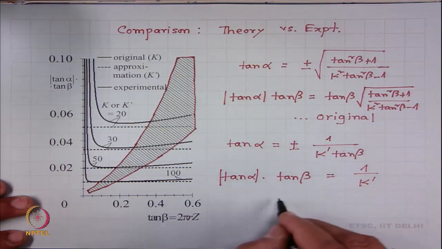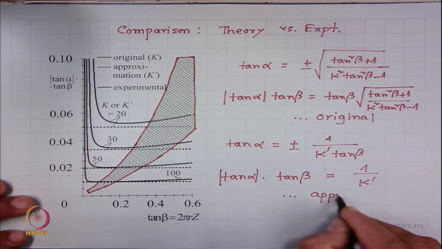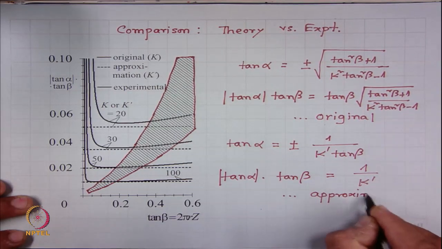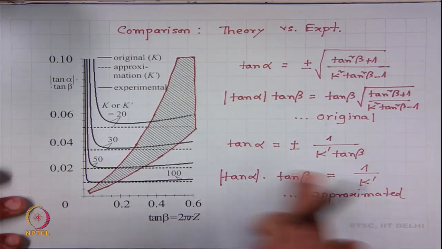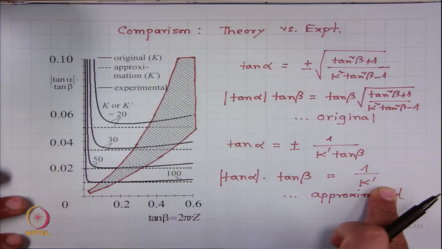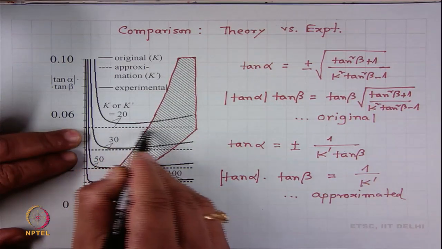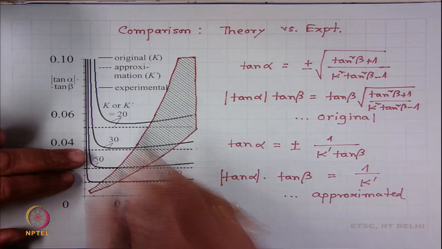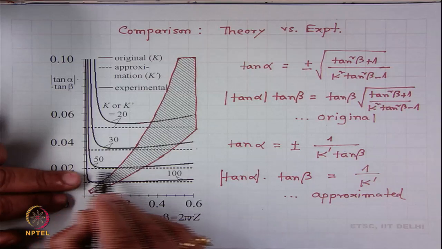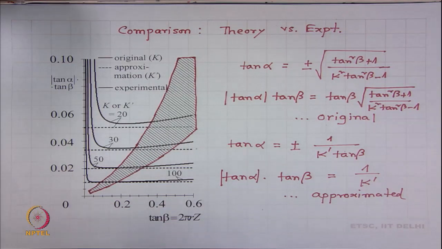So, this was the approximated one, k prime. So, obviously, this is constant because k prime is constant. So, this expression is constant, that is why you see a line parallel to x axis. This is a line parallel to x axis for k prime is equal to 30, k prime is equal to 50, k prime is equal to 100. So, this is about this curve.